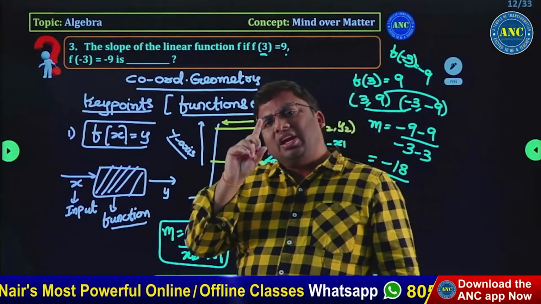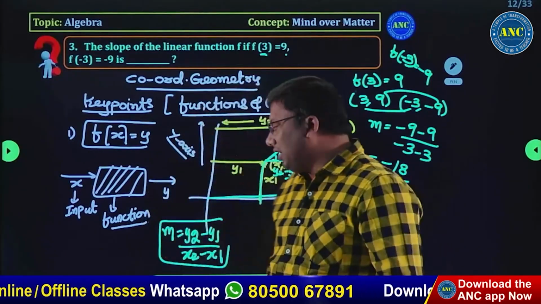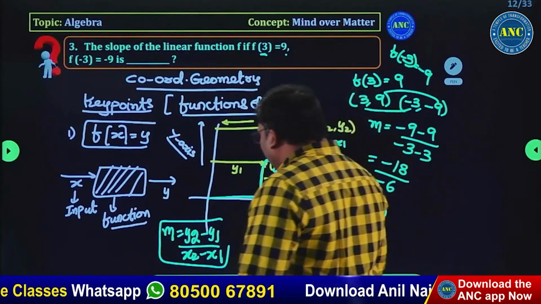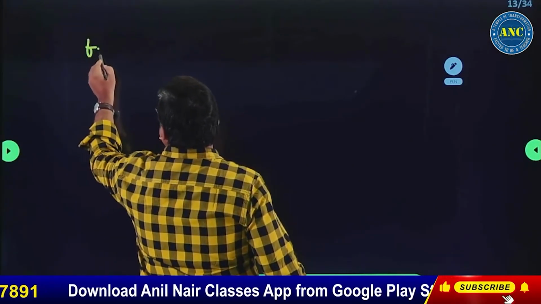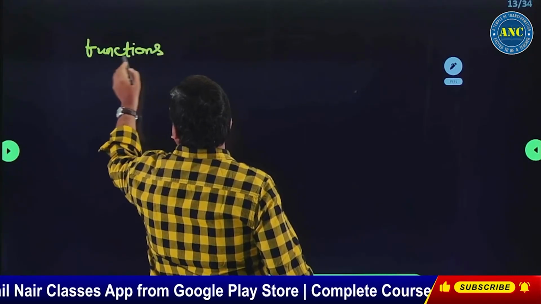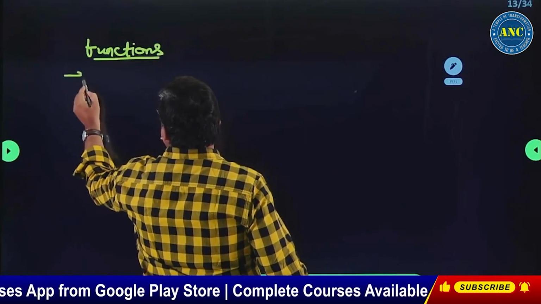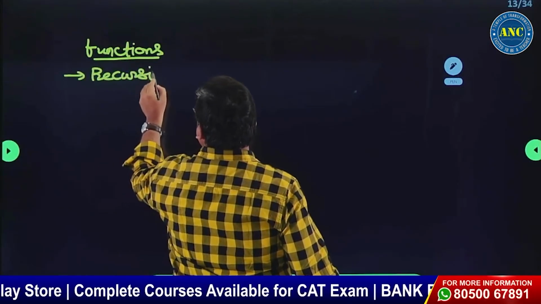Take any CAT paper, right from 1990. Very, very important. This chapter you should not neglect. Functions. In functions, I repeat what I said a few minutes before: the most important topic is recursive and iterative functions.